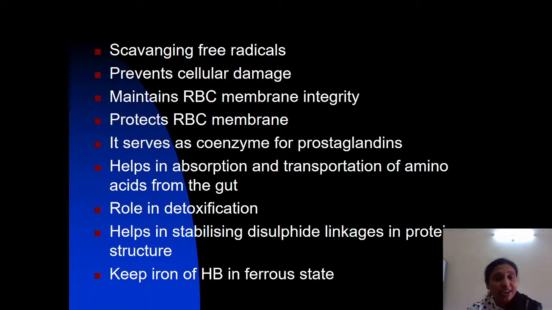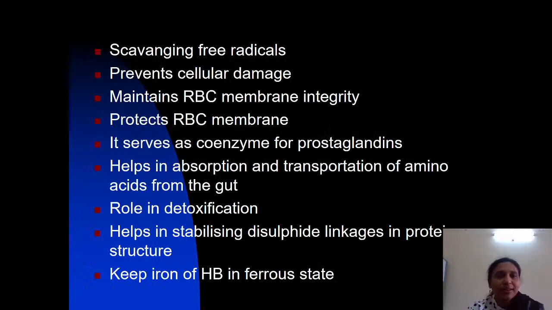That means glutathione is not only an antioxidant scavenging free radicals, it also helps in the absorption and transportation of amino acids from the GIT, has a role in detoxification, and helps in stabilizing the disulfide linkages in the protein structure. It also keeps the iron of the hemoglobin in the ferrous state.